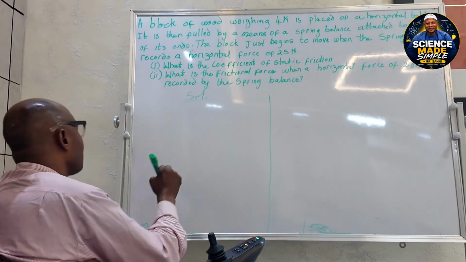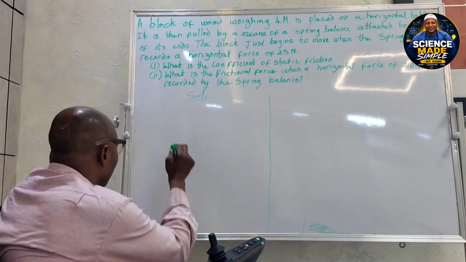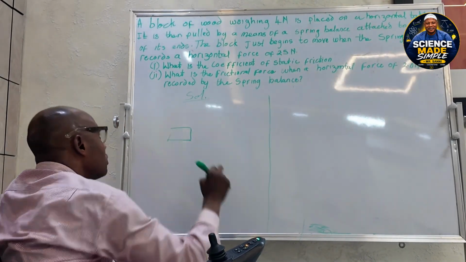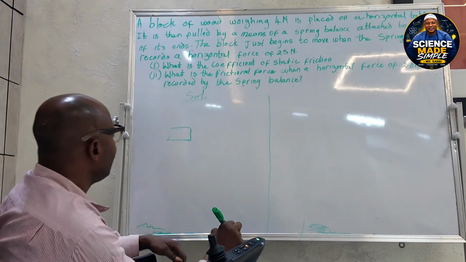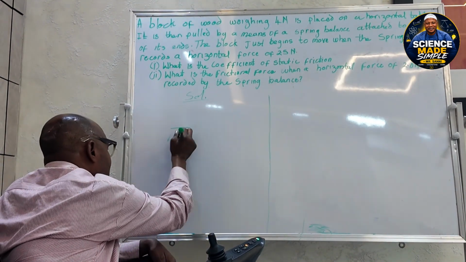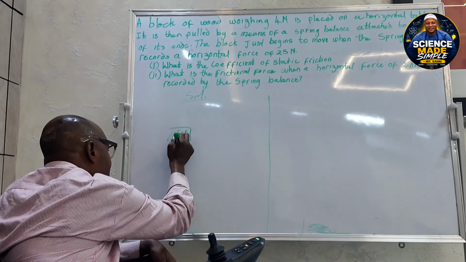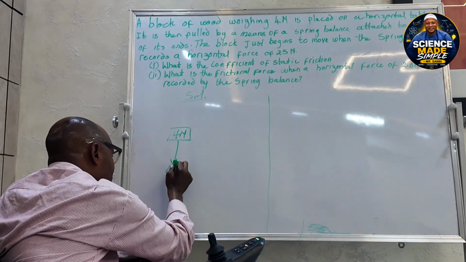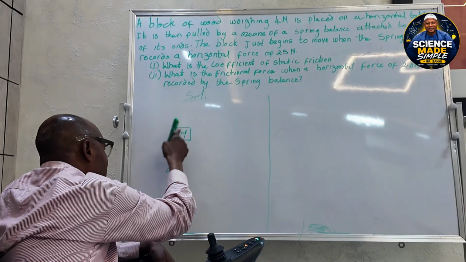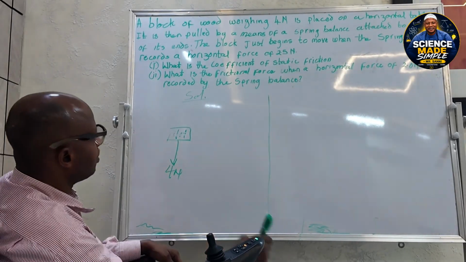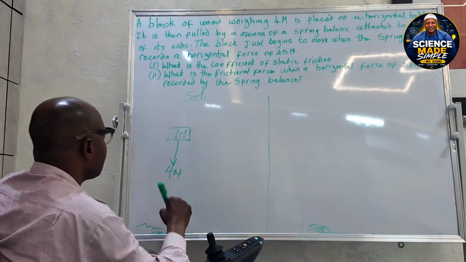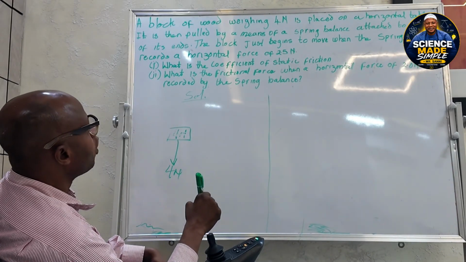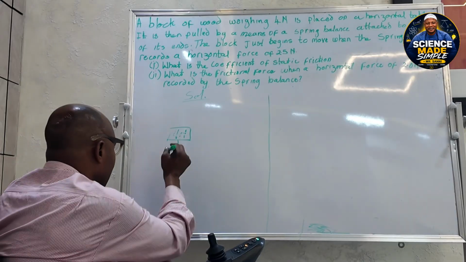From the question, we have a block of wood. Let's say this is our block of wood weighing 4 Newton. The weight will come down, 4 Newton. It is placed on a horizontal table, a table like this.